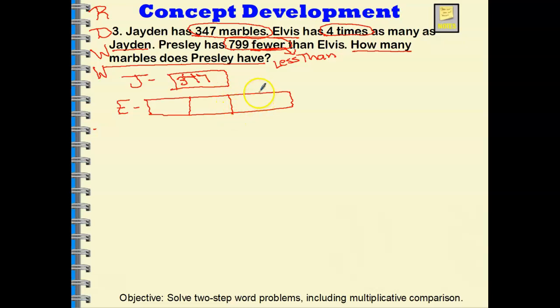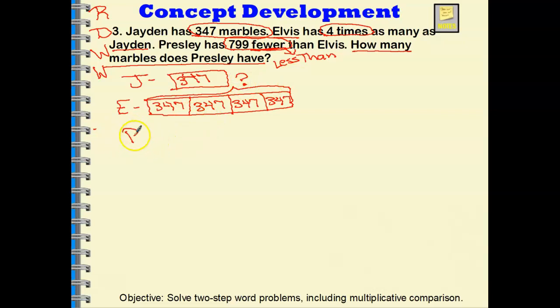So I'm going to make 4 boxes here, and I know that Jaden has 347, so Elvis has 347 four times. There's how many Elvis has. Now, do I know what that total is? Not yet. That's something I'm going to have to find out. I do not know Elvis's total, so I want to find that out.